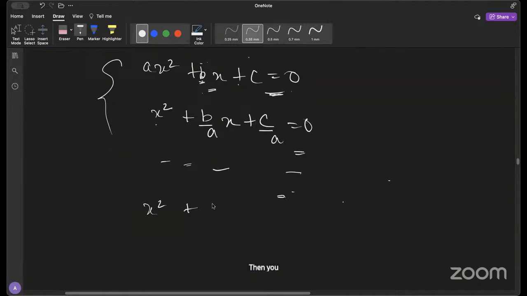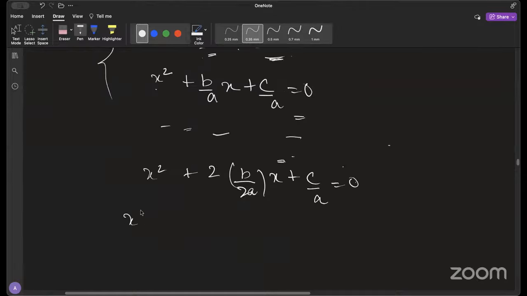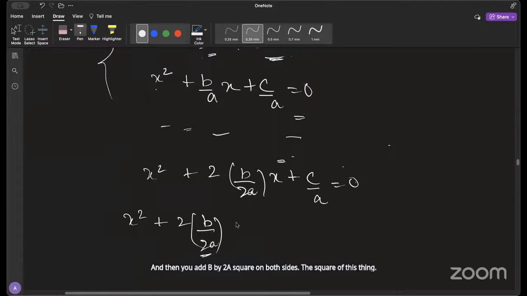Then you divide and multiply by 2 here. And then you add b by 2a square on both sides. The square of this thing, or subtract and add the square of this thing. So it will be b by 2a.